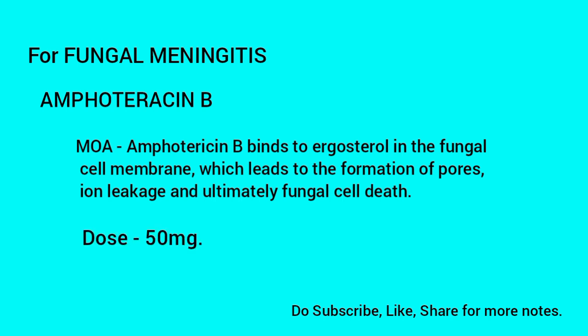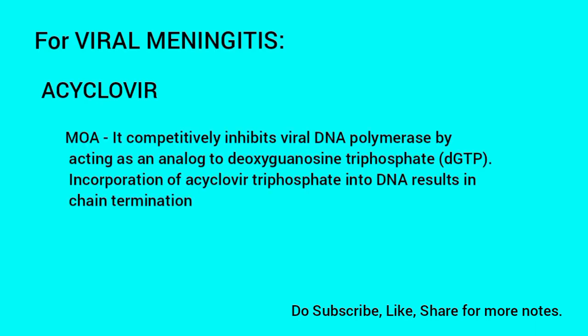Dose is 50 mg. For viral meningitis, acyclovir. The mechanism of action is, it competitively inhibits viral DNA polymerase by acting as an analog to deoxyguanosine triphosphate. Incorporation of acyclovir triphosphate into DNA results in chain termination.